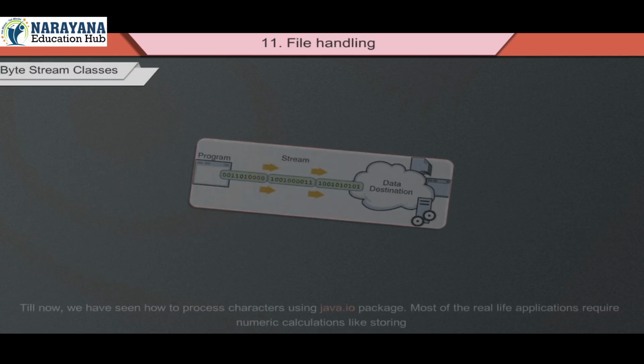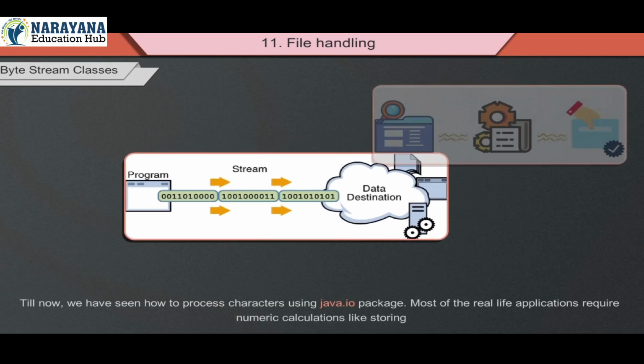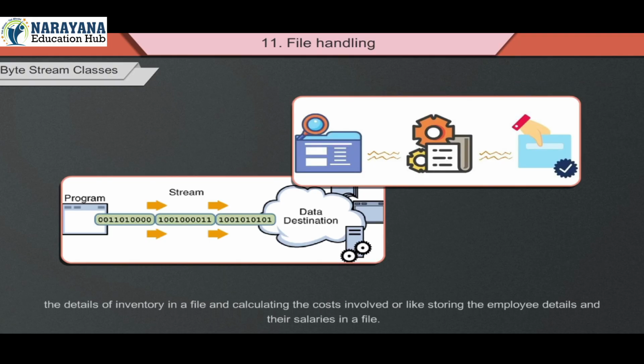Byte stream classes. Till now, we have seen how to process characters using the java.io package. Most of the real-life applications require numeric calculations, like storing the details of inventory in a file and calculating the costs involved, or like storing the employee details and their salaries in a file.